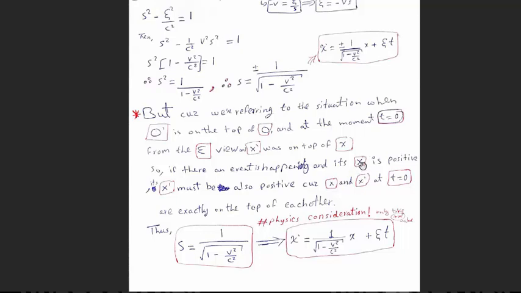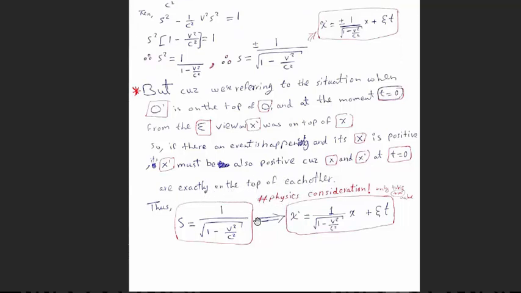Or if x is positive, x dash must also be positive. As I said, they are exactly on top of each other. This is a physics consideration: if x is positive, x dash will be positive, and if x is negative, x dash will also be negative.